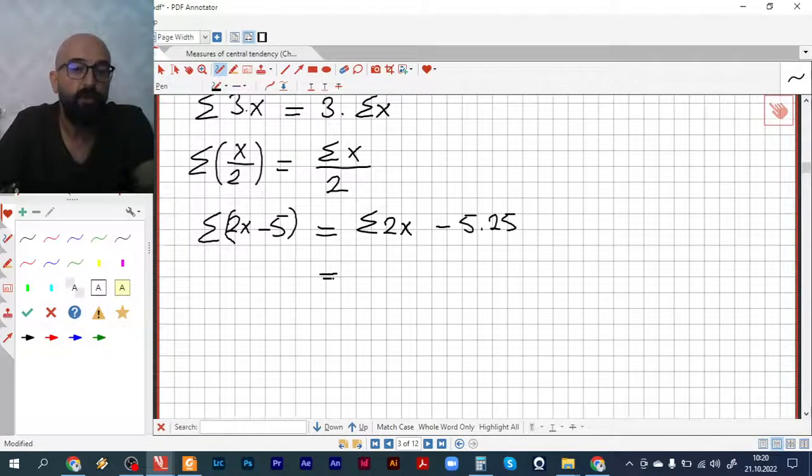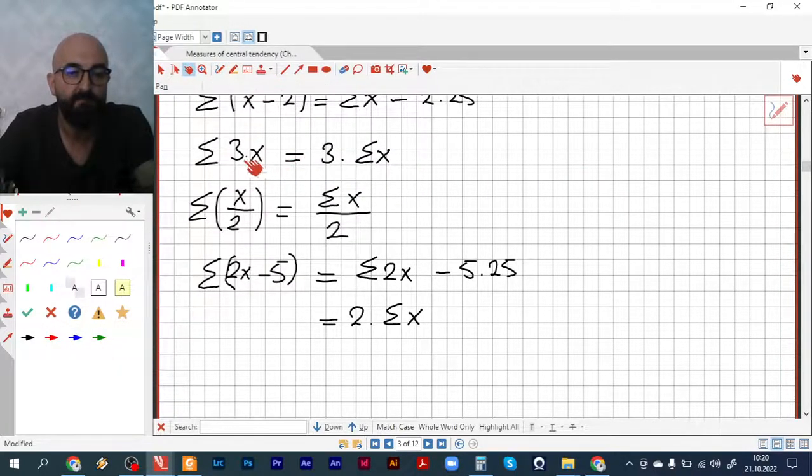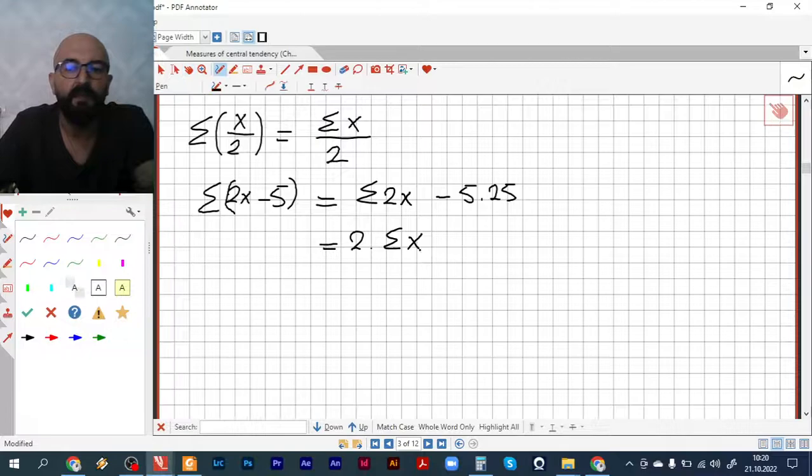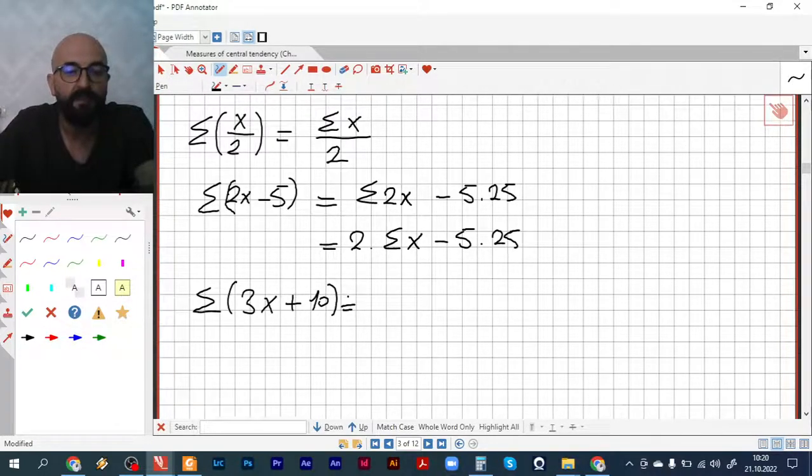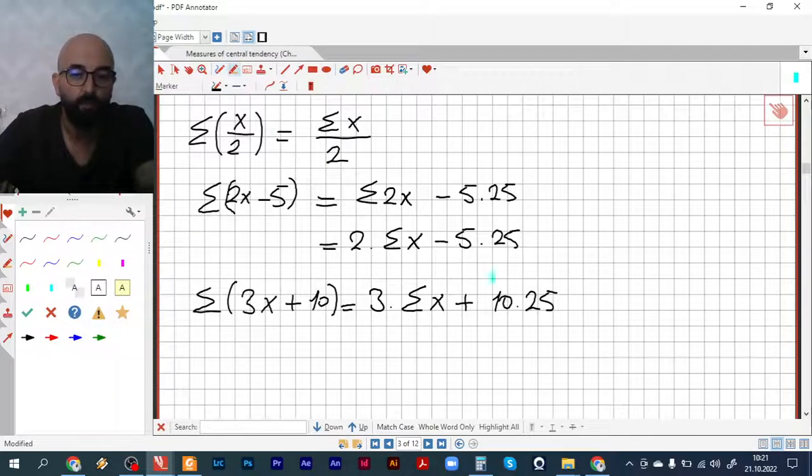And also 2 times the sum of x, because please remember the previous example, and minus 5 times 25. The different example: 3x plus, for example, 10, means 3 multiplied by the sum of x plus 10 multiplied by 25, because you have 25 data.